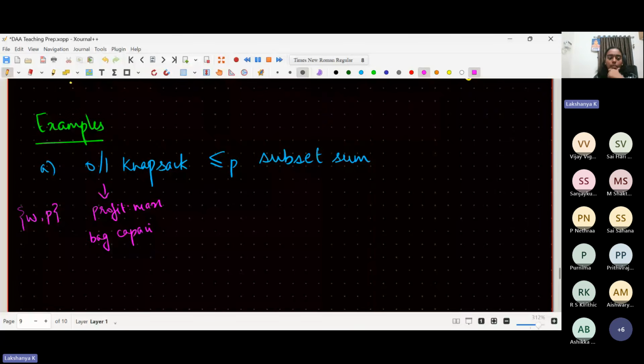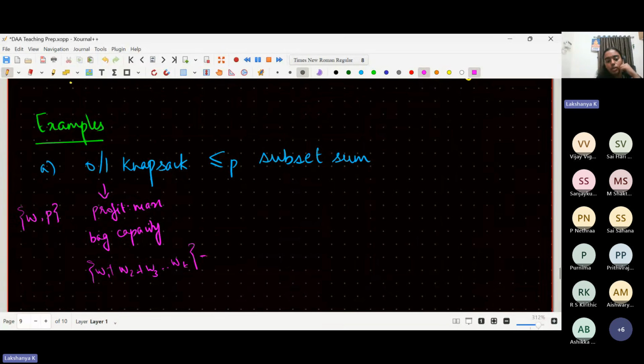Right. So keeping all that aside, essentially, it's a kind of choosing a set of elements, keeping the capacity aside for now. Okay, you keep the profit part of it aside for now. The problem is choosing a set of elements such that the sum of their weights, weight 1, weight 2, let's say you're choosing some k elements, is less than or equal to c, where c is your capacity.